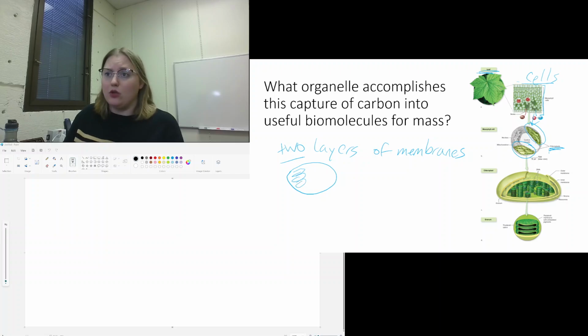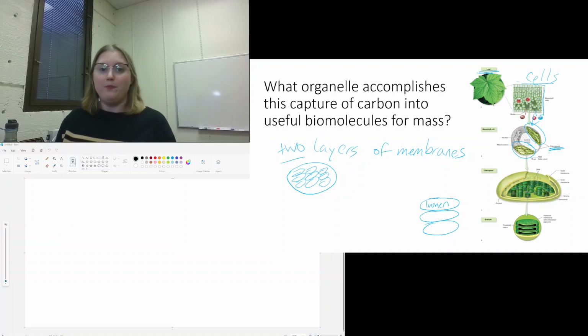And this gives the chloroplast its own internal area where it can produce concentration gradients, right? So this space in what are called these grana stacks is called a lumen, okay? That lumen is very important. Now let's talk about why.